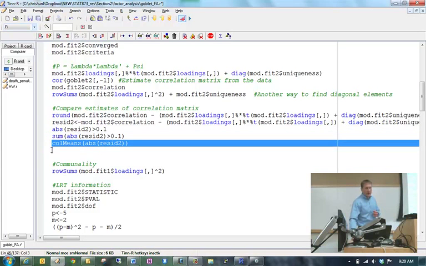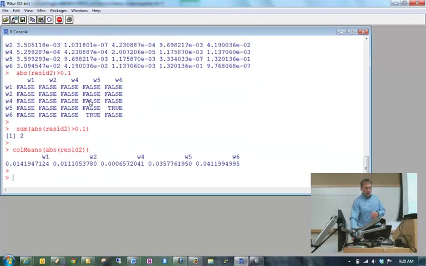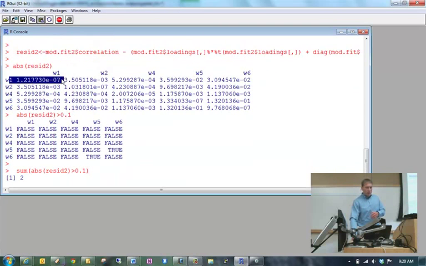You can go a step further, and this is actually what SAS does. You could look at the column means in that matrix that we had just seen. So what I could do is find the average deviation represented by a column.